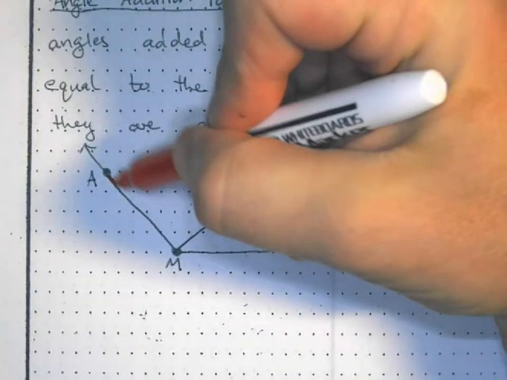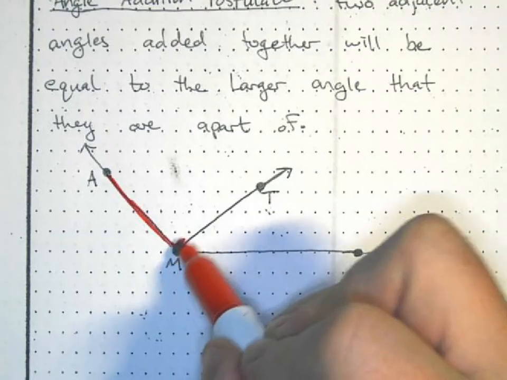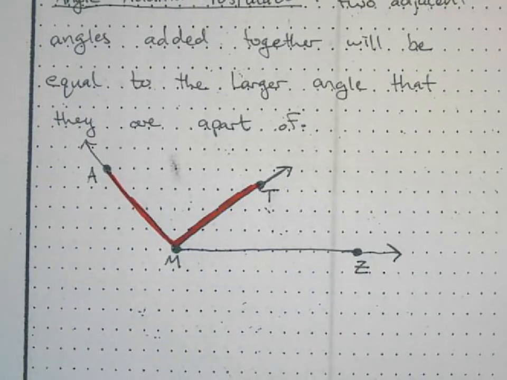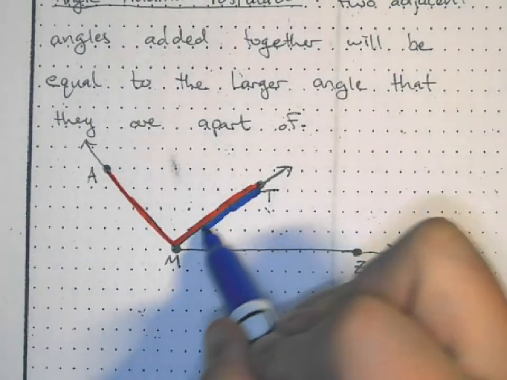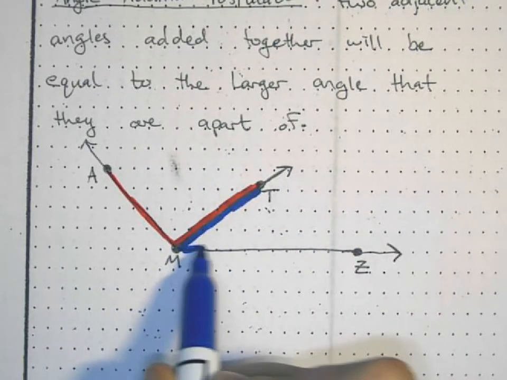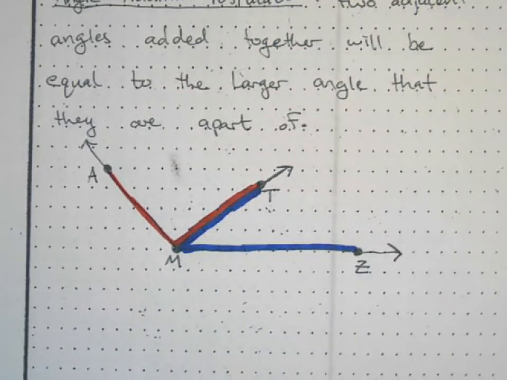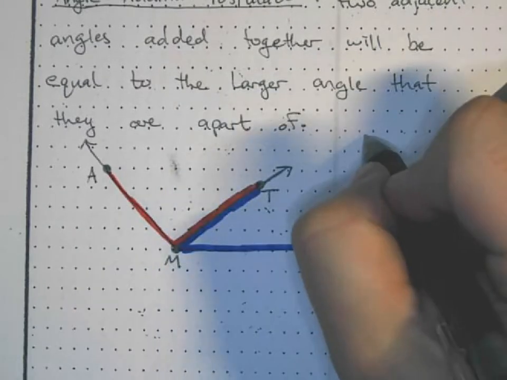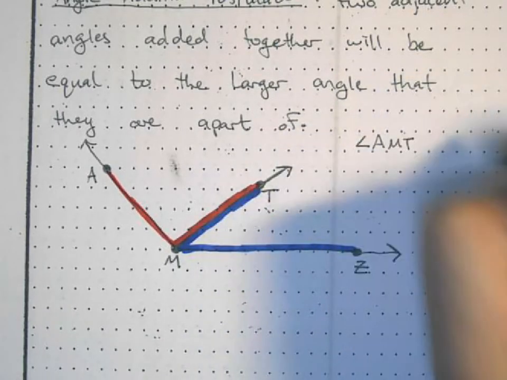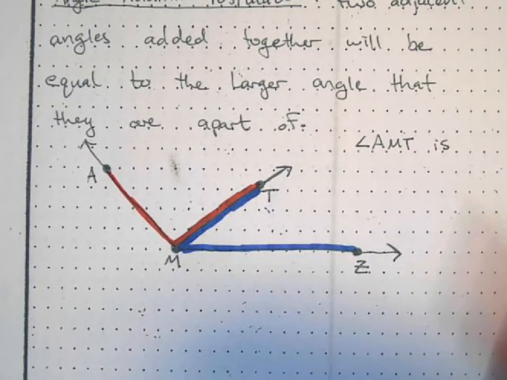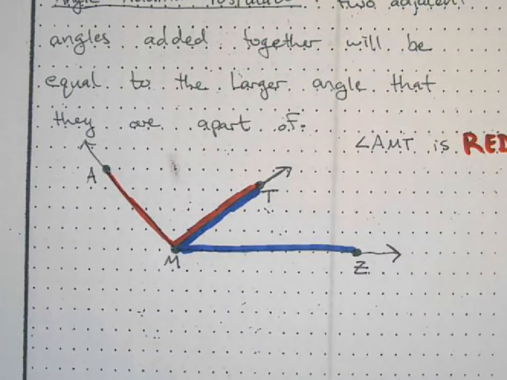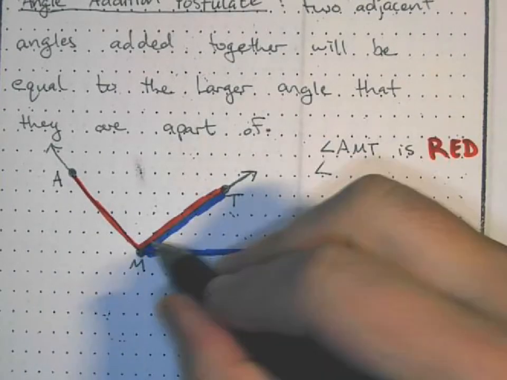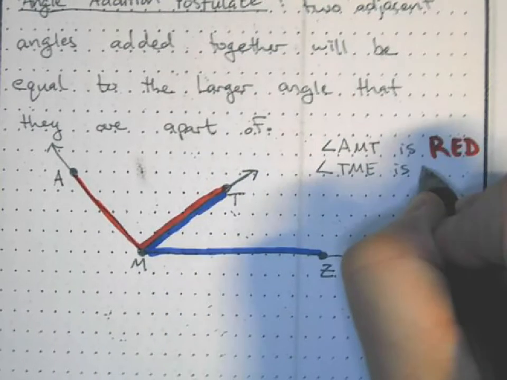If I take this red angle, like so, and I have this blue angle, like so, we'll call the red angle AMT, and angle TMZ is blue.